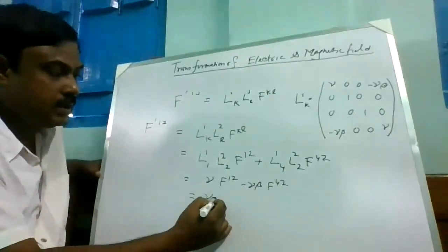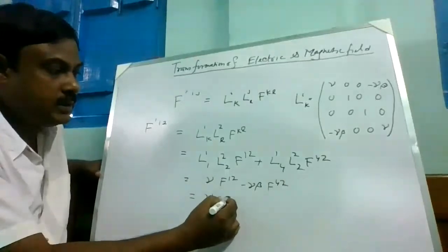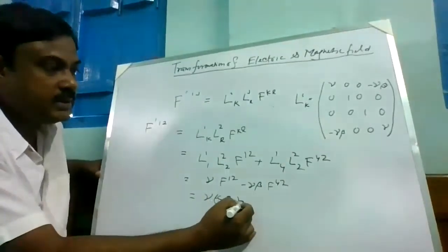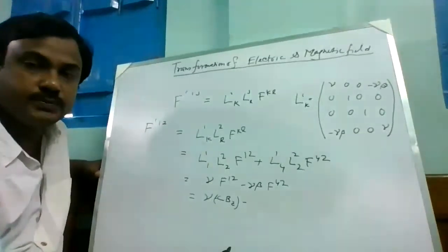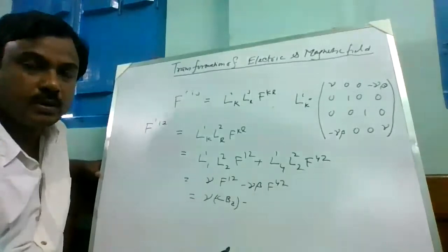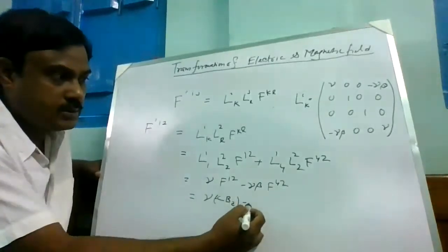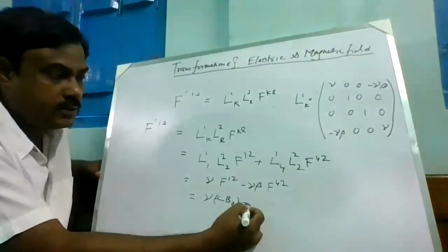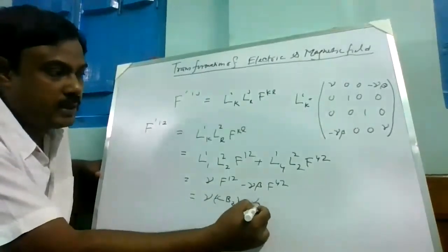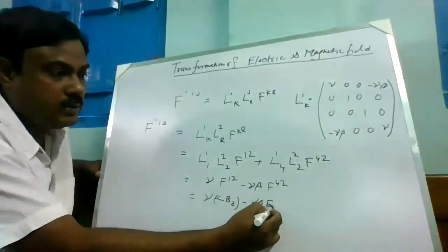So gamma times minus cBz, minus gamma beta times F42, which was minus Ey.